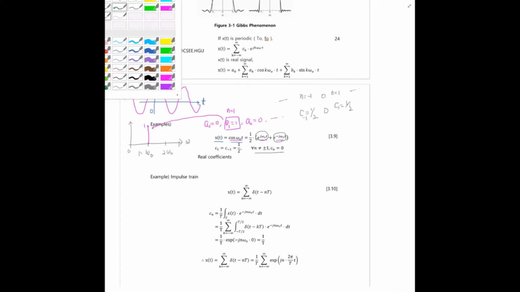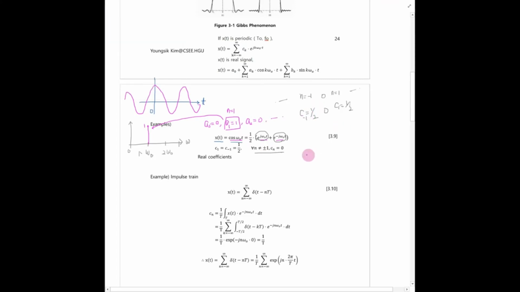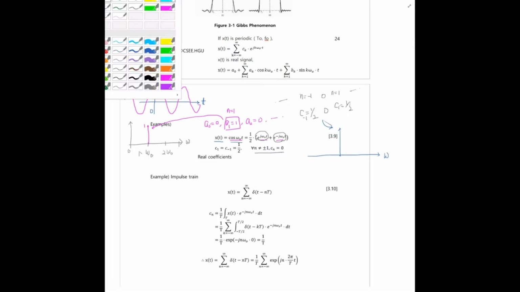What about this plot? In this case, this is also omega. So this is the DC component. How are we gonna plot that one? We can plot it this way.